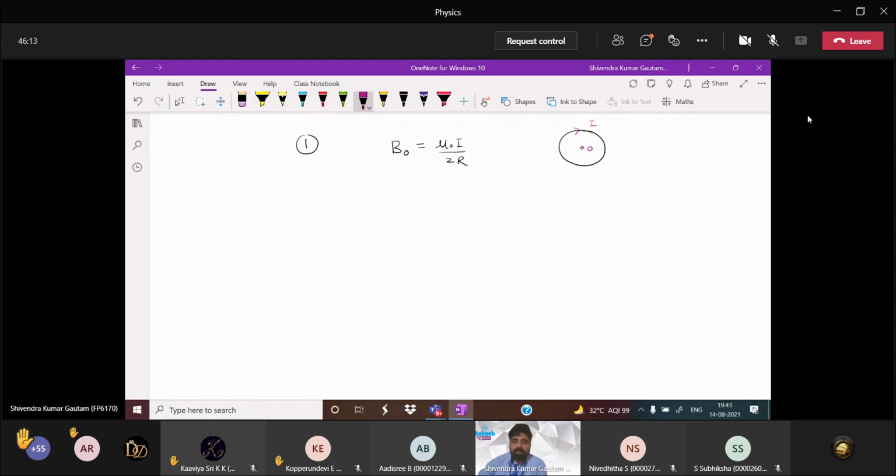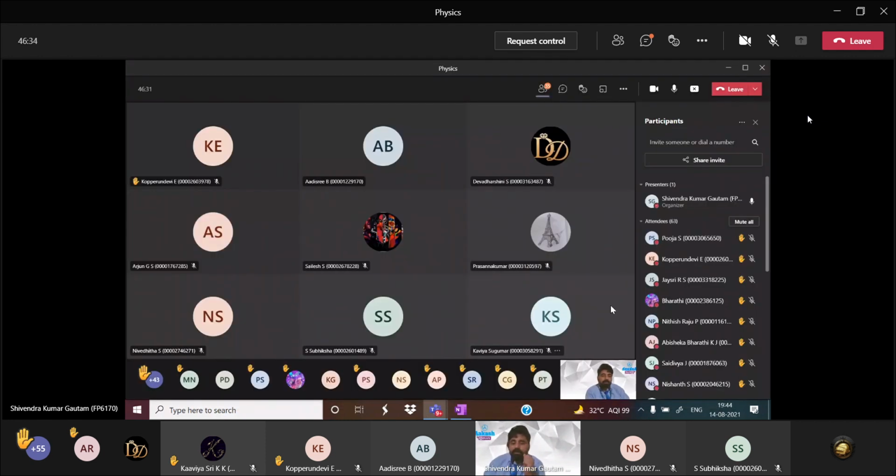The radius of this is r. Tell me, how many turns have we taken in this loop? For one turn. If nothing is mentioned, you have to know this is one turn only. In this loop we have taken one turn. Now listen to me.